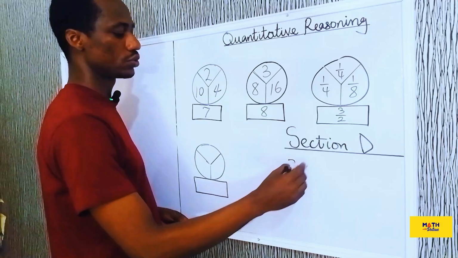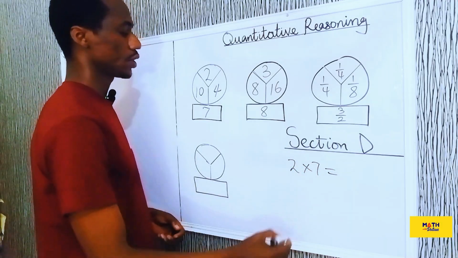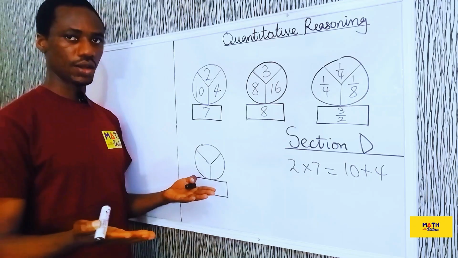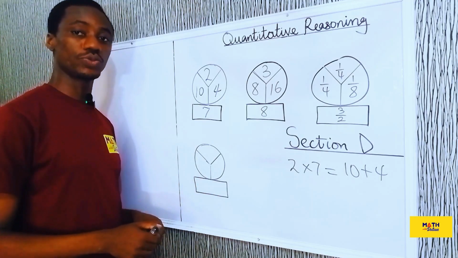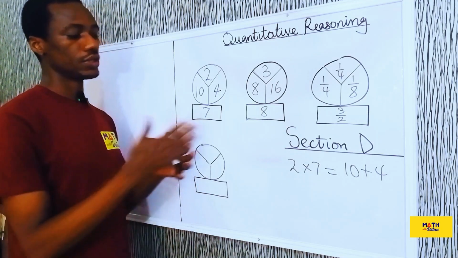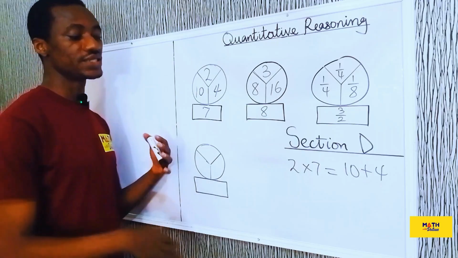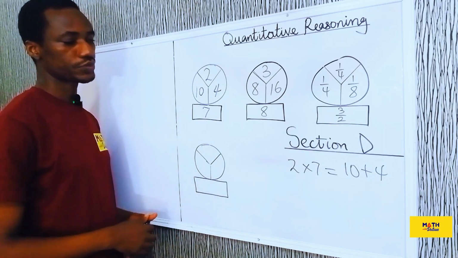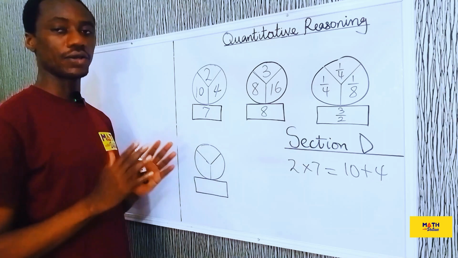So we have 2 times 7 giving us the same thing as 10 plus 4. This will also lead us to a combination of these different signs, so you must be careful with how you reverse them.